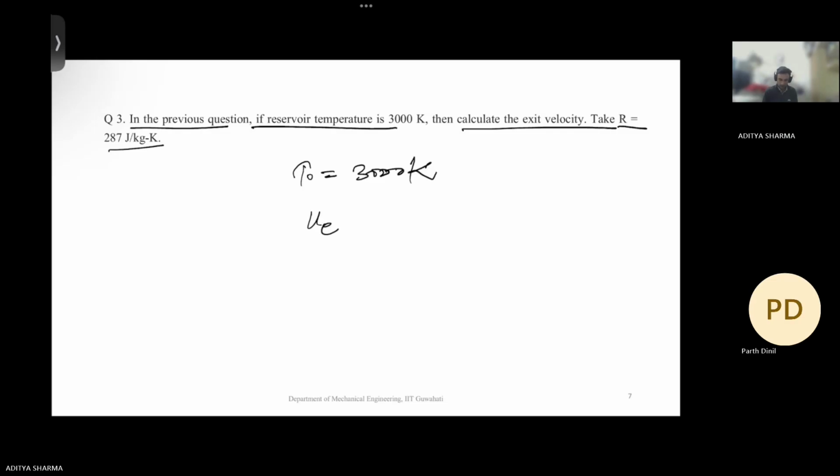U exit you need to find out. R is given as 287 joule per kg Kelvin. So this has been given to you. Same using isentropic relations, this can be done. So please try to do this.